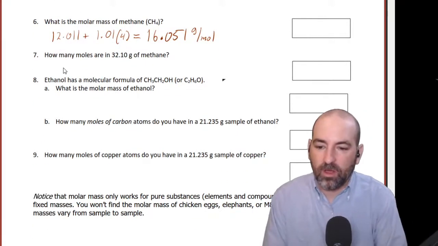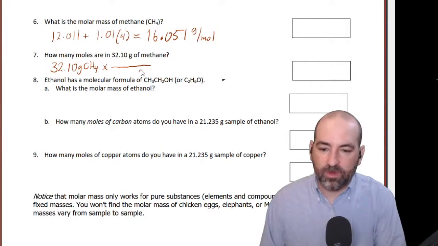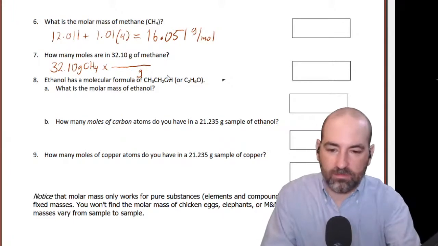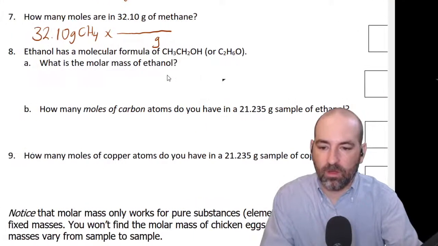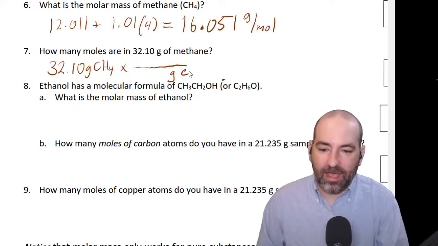Well, we could go 32.10 grams of methane, CH4, times our conversion factor, which is going to take, make this a little bigger. Our conversion factor is we're going to cancel the grams and instead have moles.